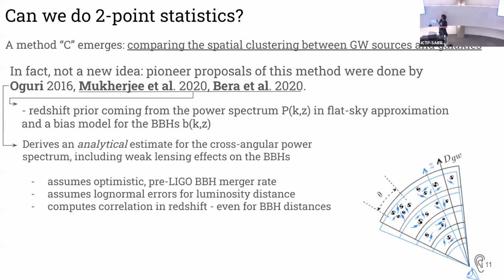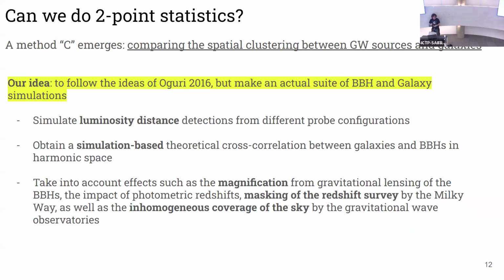We had this idea: let's follow the ideas from Oguri, but let's actually make a simulation to get the distribution of luminosity distance errors, and where our detectors are looking.